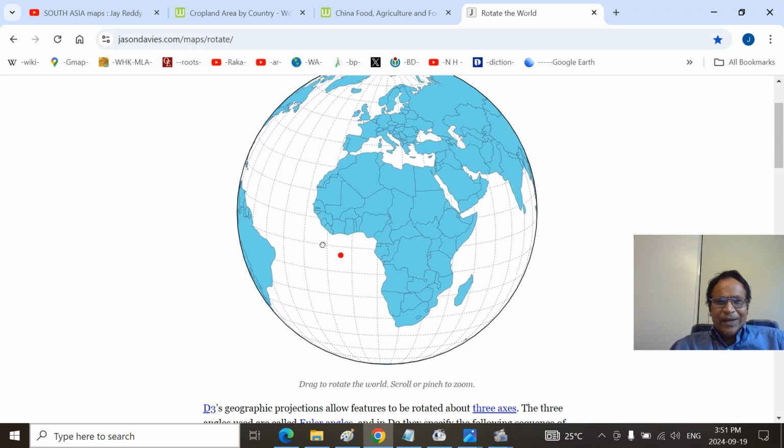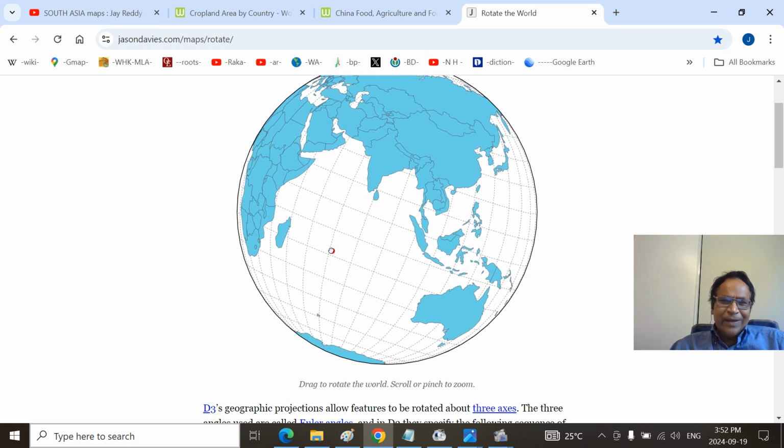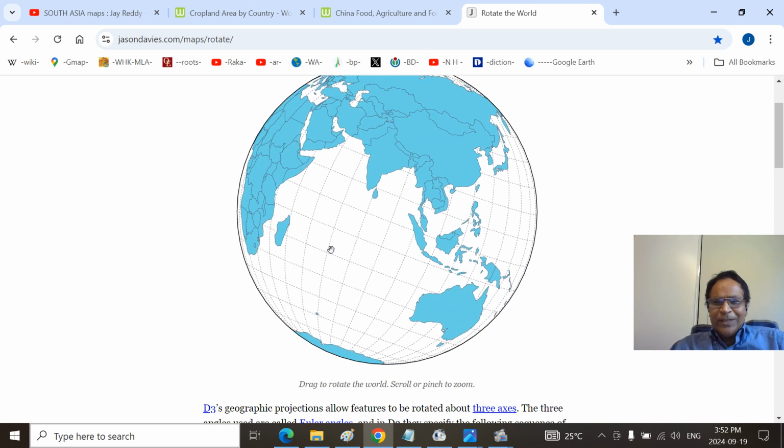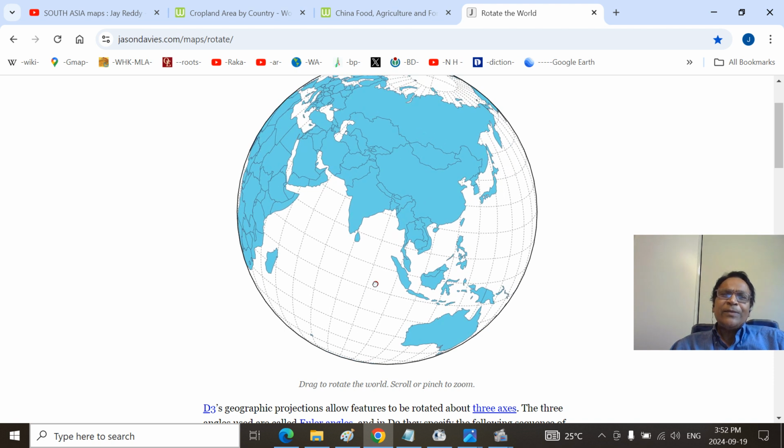Because the land is 150, 10% of it will be 15 million square kilometers. 15 means 1500 million hectares. Add two zeros, a little more than that will be 1700 million hectares of cropland, not agricultural land. Agricultural land will be a little more because it includes pasture land, grazing land. That we will deal with some other time.